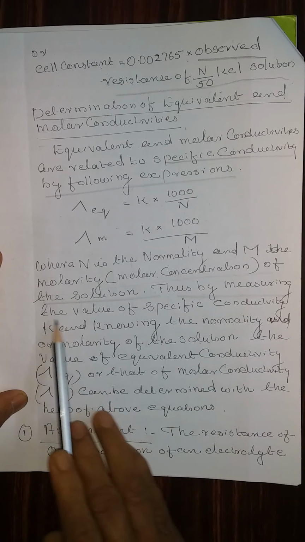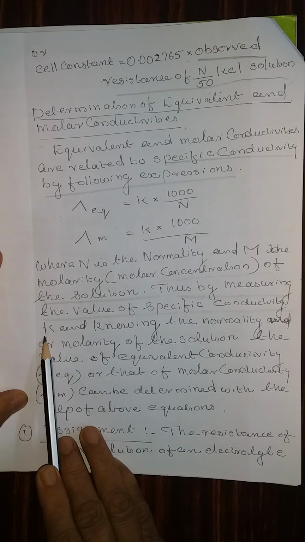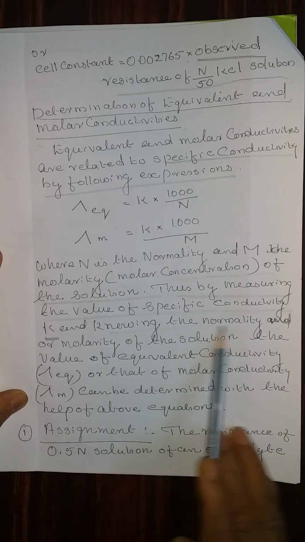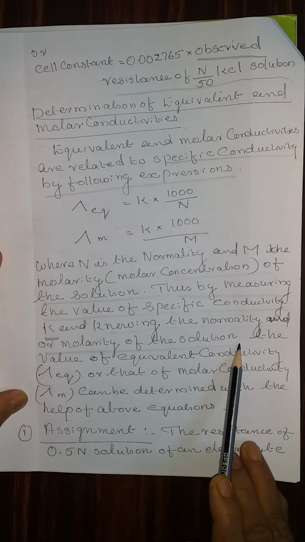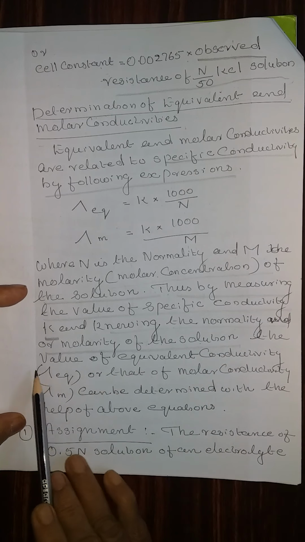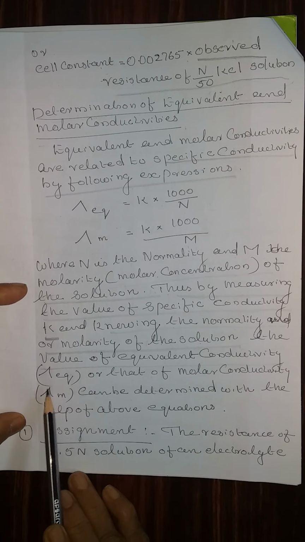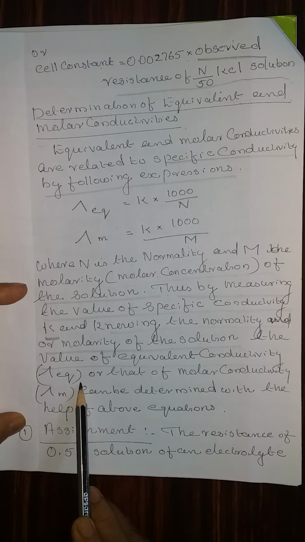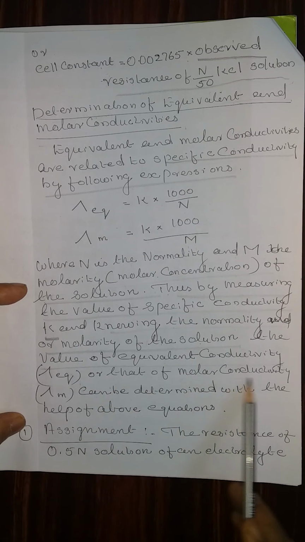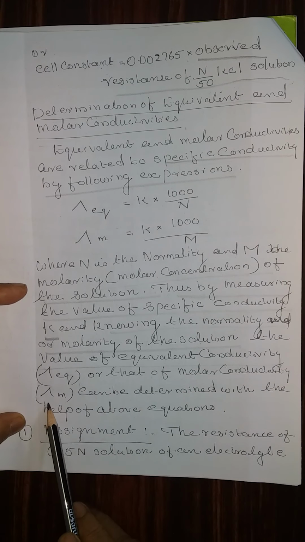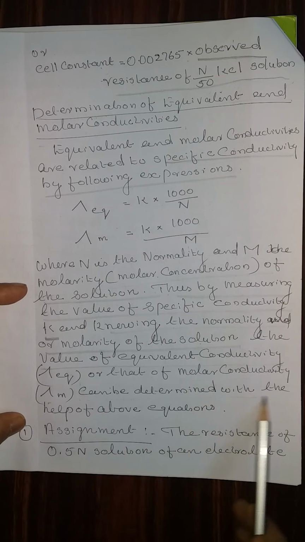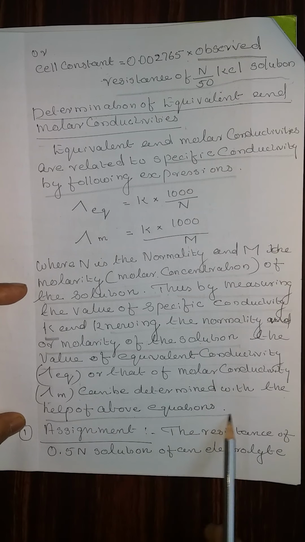Thus, by measuring the value of specific conductivity kappa, and knowing the normality and molarity of the solution, the value of equivalent conductivity, lambda EQ, or that of molar conductivity, lambda M, can be determined with the help of the above equations.